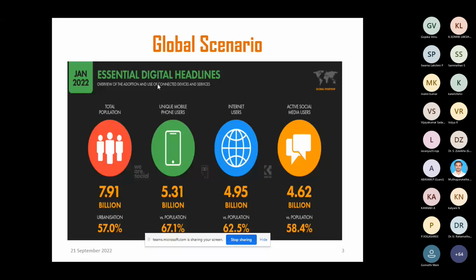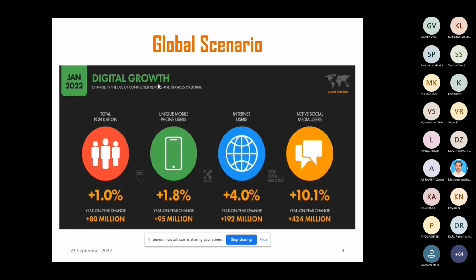Next is the digital growth. Year on year, more than 18 million people are added to the total population, a 1.8 percent change. Mobile users show a 4% increase in internet users, and 10% increase in social media.